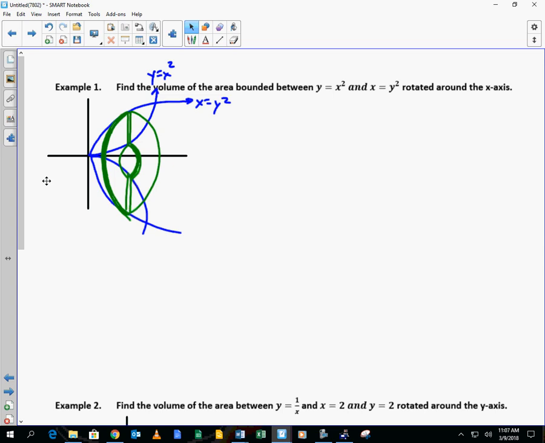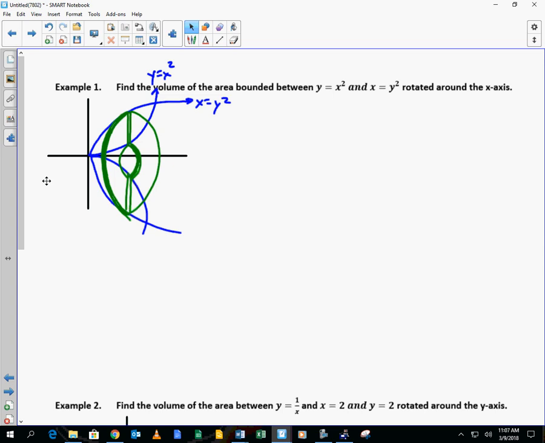Everybody convinced that I get a washer as a result of this? Now this three-dimensional shape that I get, is it hollow all the way through? Not at the very tip, is it? So it might be like a bowl that could hold water or something like that. Kind of an odd shaped thing, but whatever it is, let's find the volume of it.